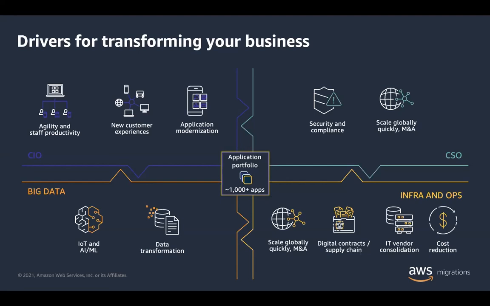And if you're moving towards big data, again, AWS has a wide range of services that can help you there. Similarly, for infrastructure and operations, you have the elasticity, reliability, and scalability of AWS cloud that helps you in numerous ways.